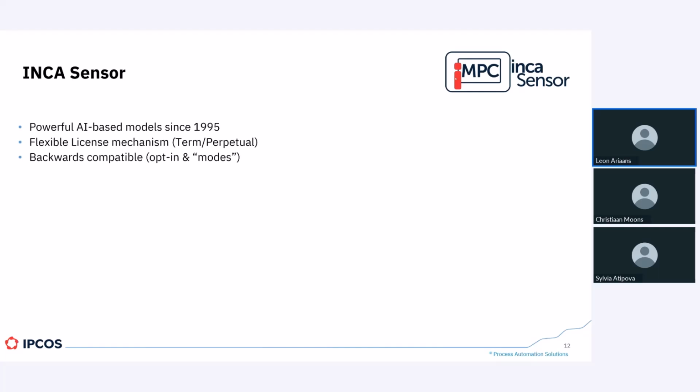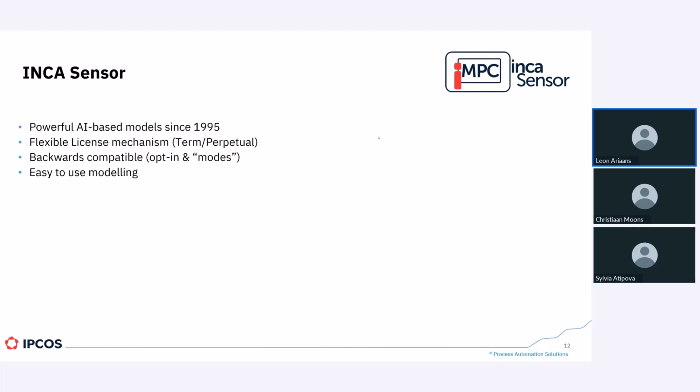And here too, we put great emphasis on being backwards compatible while still introducing new features, but not killing your existing configurations. In INCA Sensor, we put emphasis on ease of use, ease of modeling. You do not need a data science degree to use the modeling in INCA Sensor.